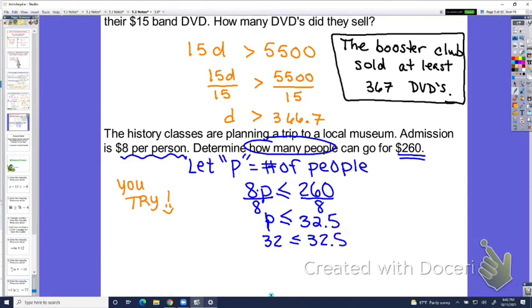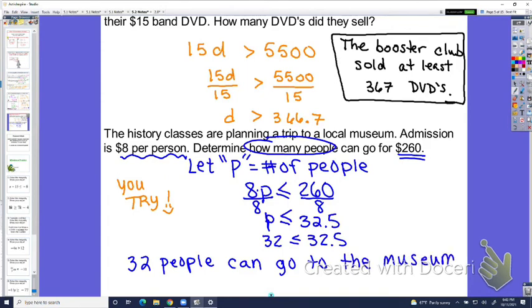So we'll say up to 32 people, or 32 people or less, can go to the museum, but we can't go over 32.